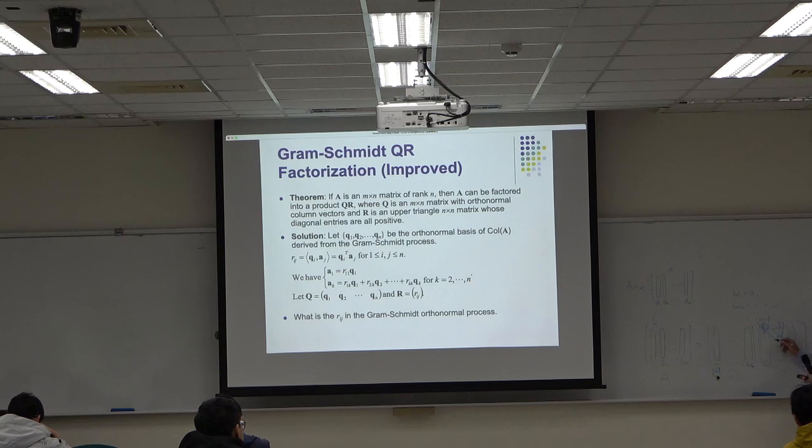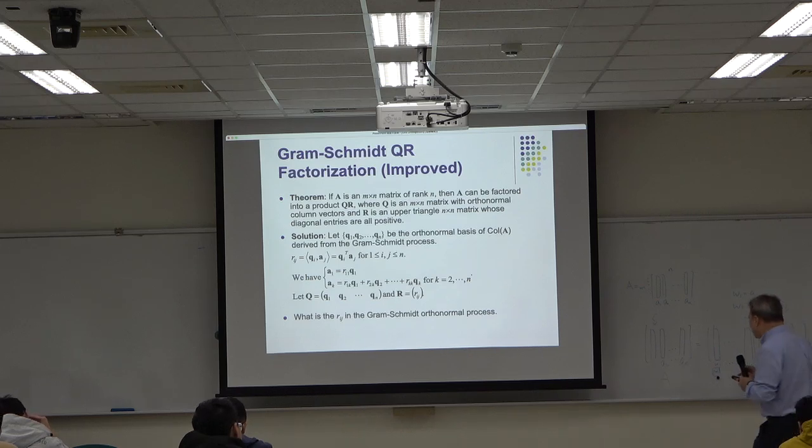Same thing applies. For this part, you need to multiply this whole column by the length of W2, which will make the diagonal position the length of W2.